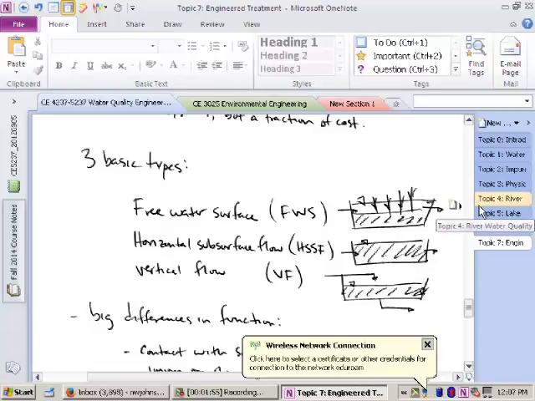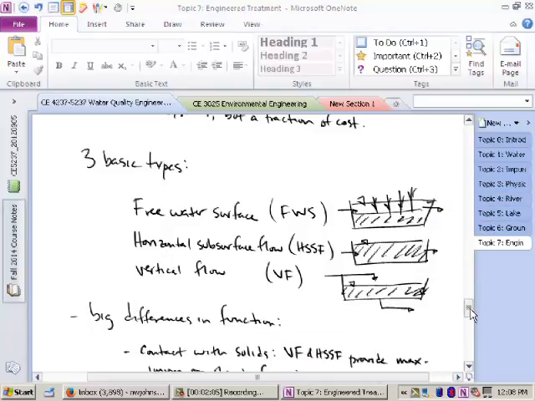time is what matters. It's not just the volume, because if the flow goes way up, you're going to lose the residence time, and you won't have the treatment efficiency. We'll start talking about the hydraulics first in free water surface wetlands.